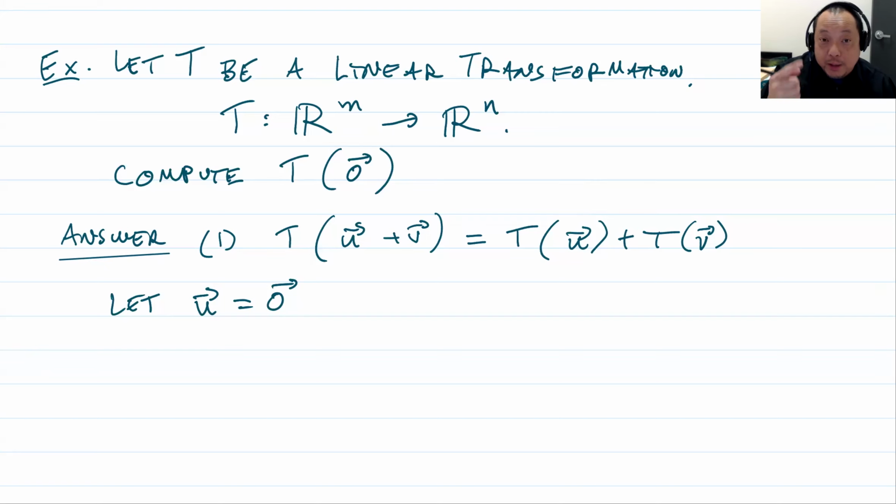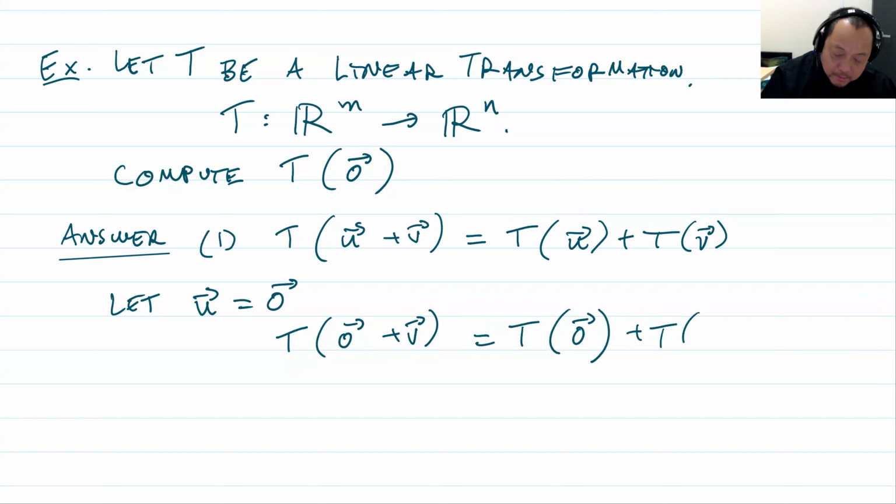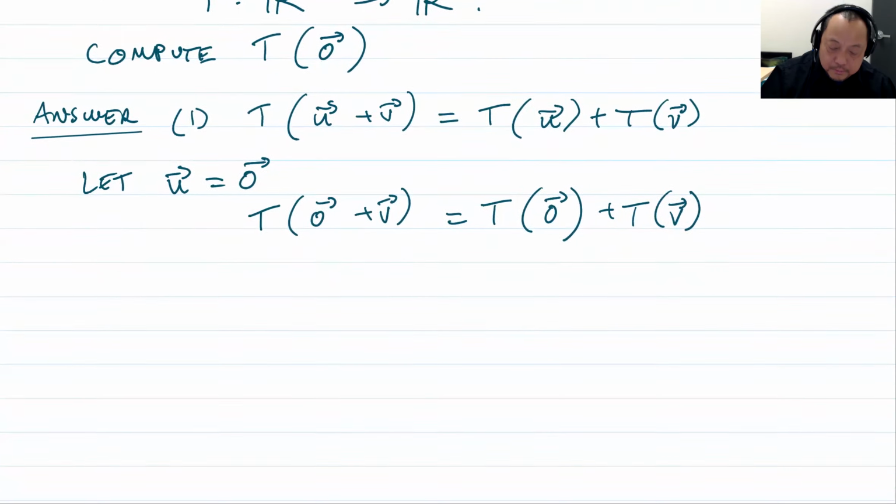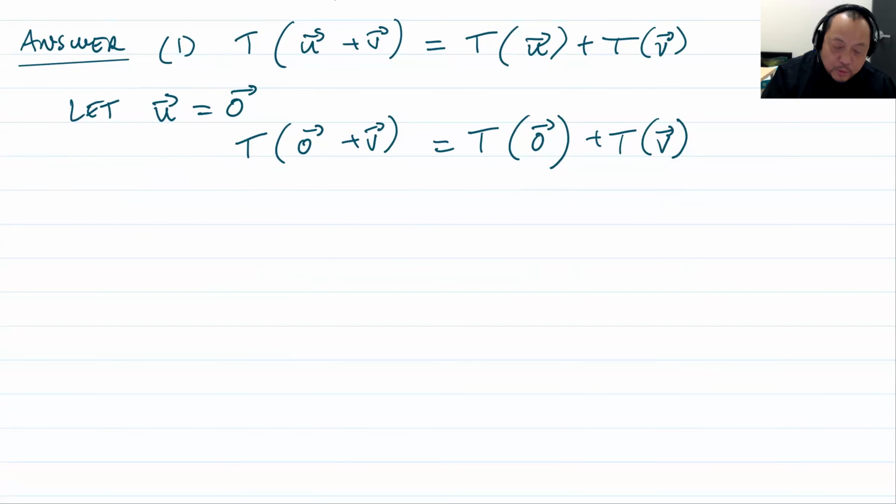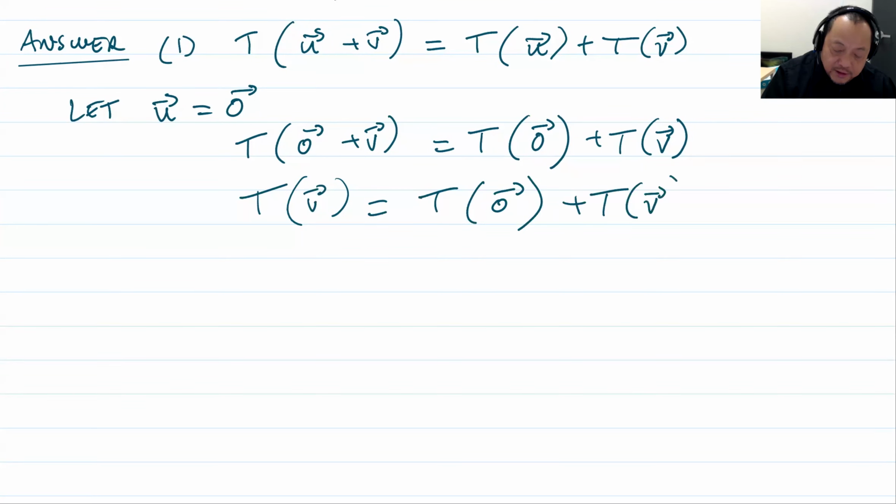Then what does property 1 become after we've let U equals 0? We plug it in and we get T of 0 plus V. Well, 0 plus V is just V. T of 0 is T of 0. And T of V is T of V, which I can subtract from both sides.